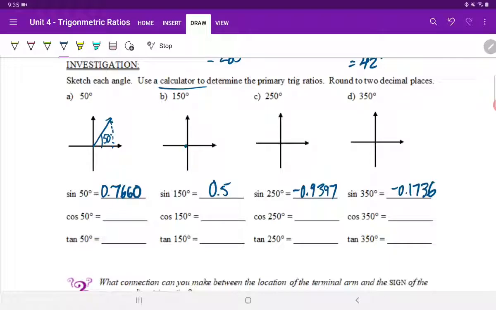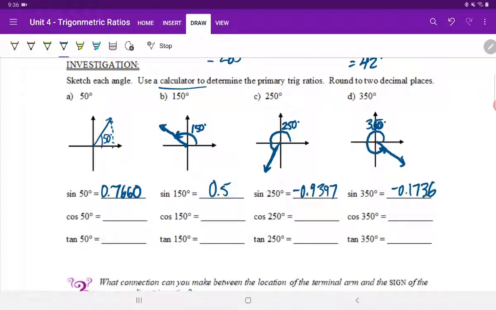So sine of 150 is about there. 250 goes all the way around but doesn't pass 270, gets close to it. This would be our 250. And 350 goes almost all the way around but stops before 360, right there. There's our 350, sorry.